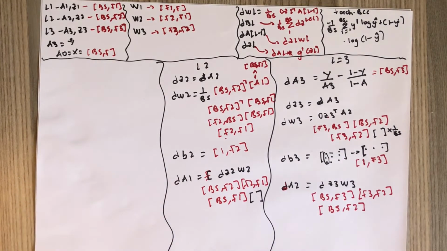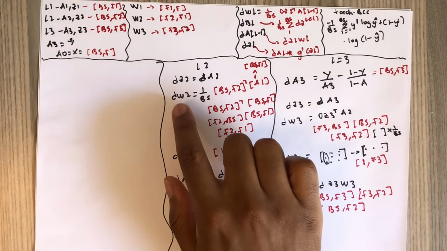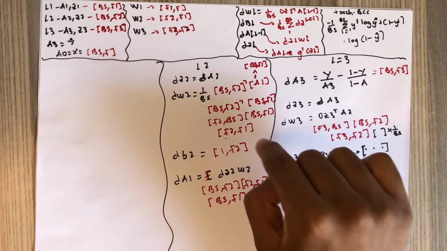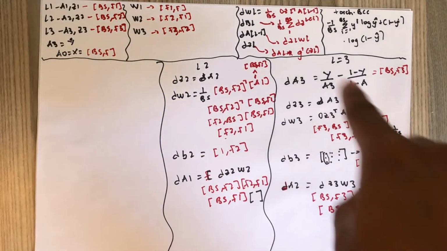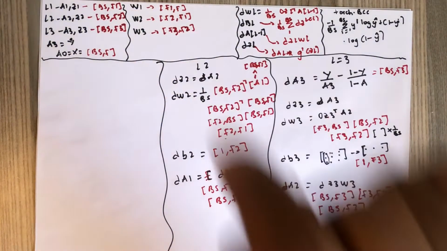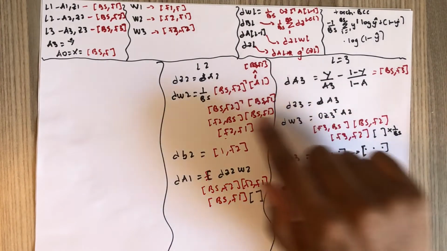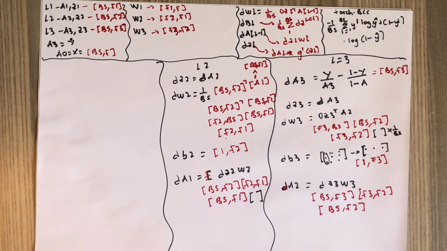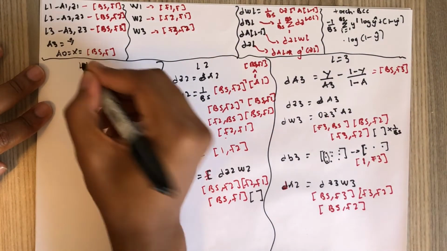But did you notice something? dw2 has the same dimension as w2, and dw3 has the same dimension as w3. This is very important when applying gradient descent because they have to have the same dimension. Alright, the last layer.